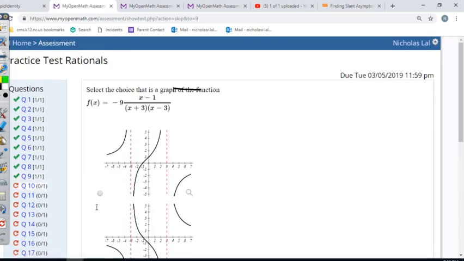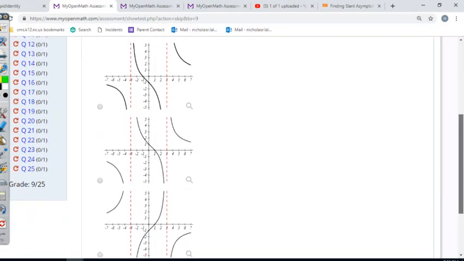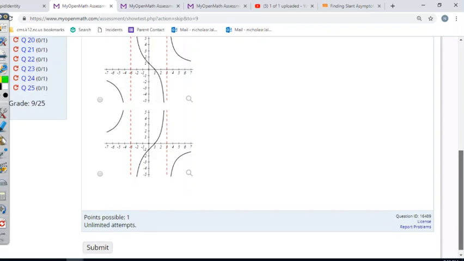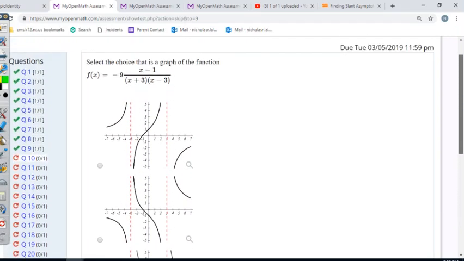That's question 9. Question 10. Select the graph of this function. So we have a vertical asymptote at 3 and negative 3 for all of them. So let's see, can we eliminate any answer choices? No. All right. Well, let's look at our horizontal asymptote.